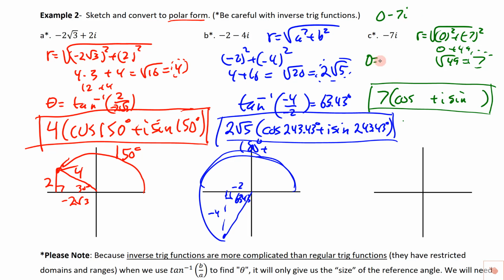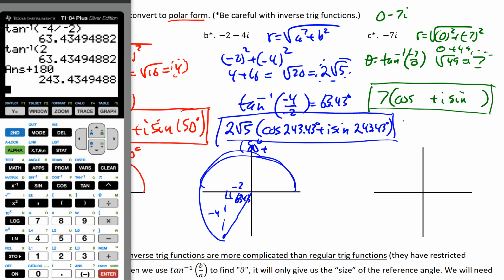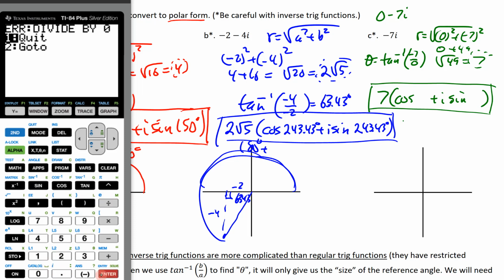So that means theta is going to be tangent inverse of -7 over 0. So let's see, tangent inverse of -7 divided by 0, and it's going to give us an error.